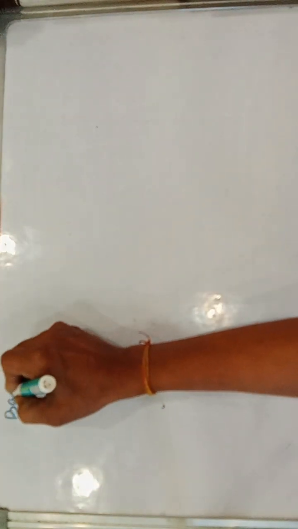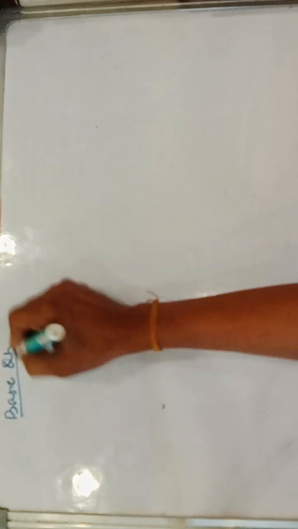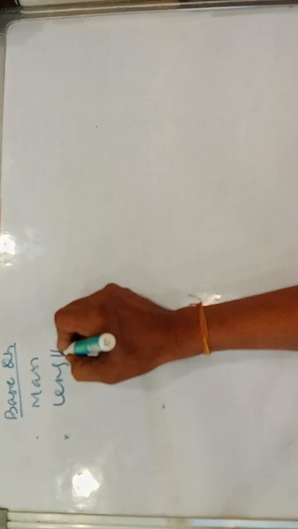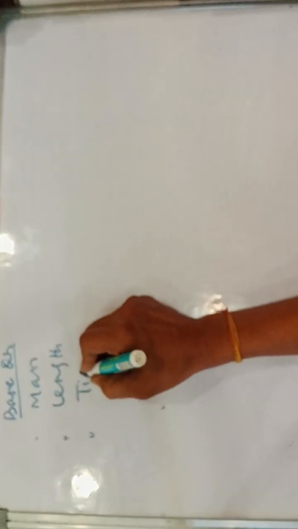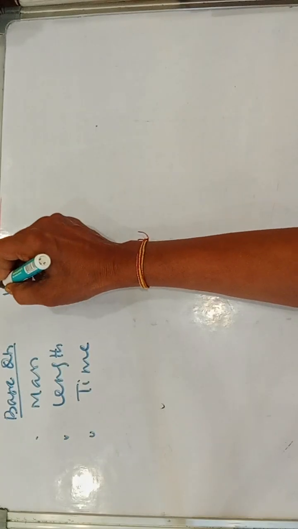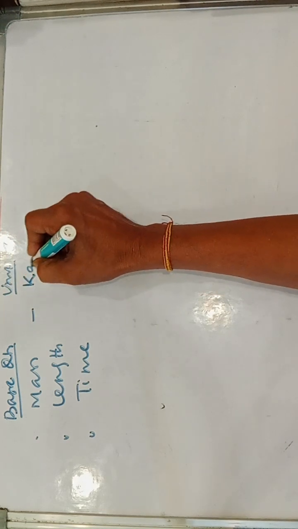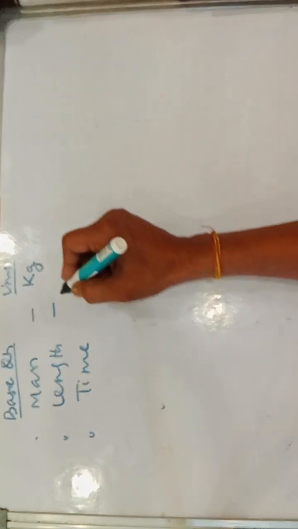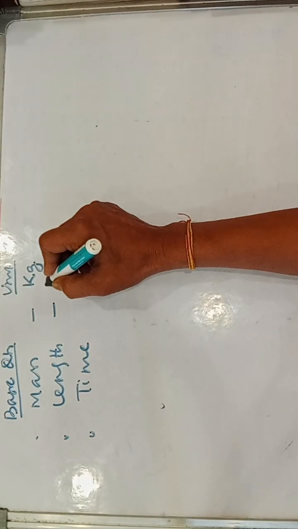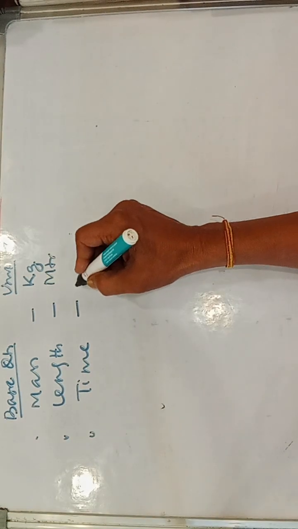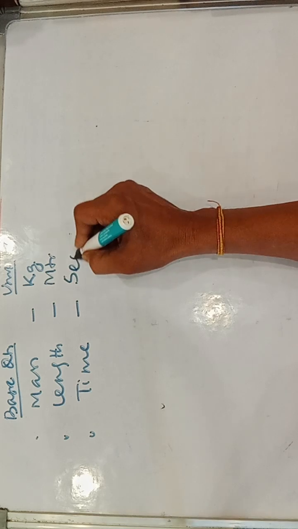Now, we have basic quantities like mass, length, and time. We have unit for mass chosen kilogram, for length, unit is chosen meter, and for time, unit is chosen second.